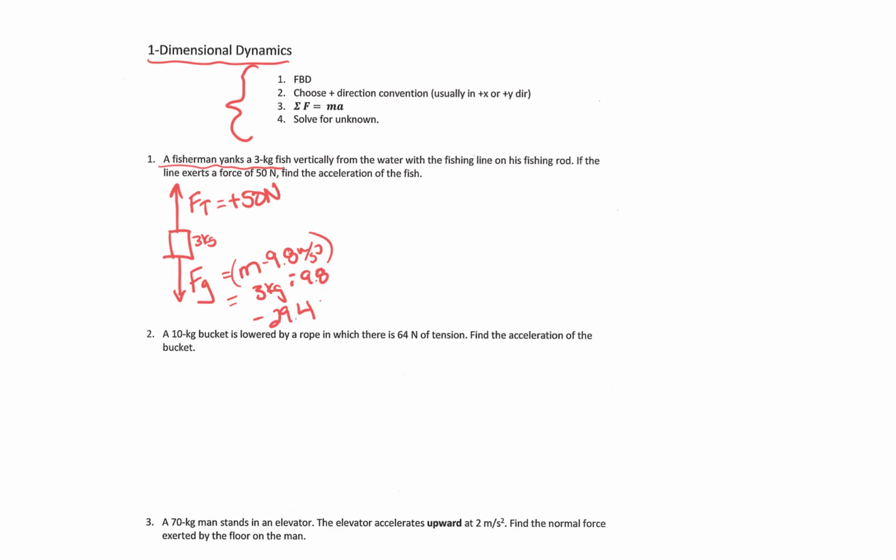We get negative 29.4 newtons. So we immediately have a free body diagram, but now we're also going to quantify it. We're going to be providing quantities for how big these forces are. Then we're going to go ahead and pick a direction. We're going to say that up is positive and down is negative. And we've kind of already included that in our two forces.